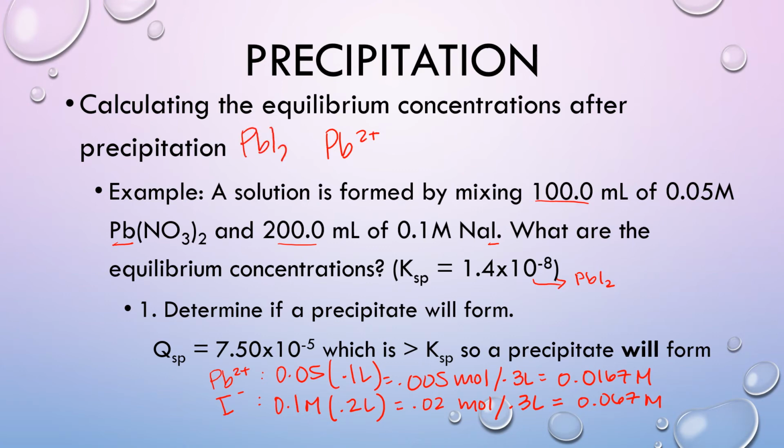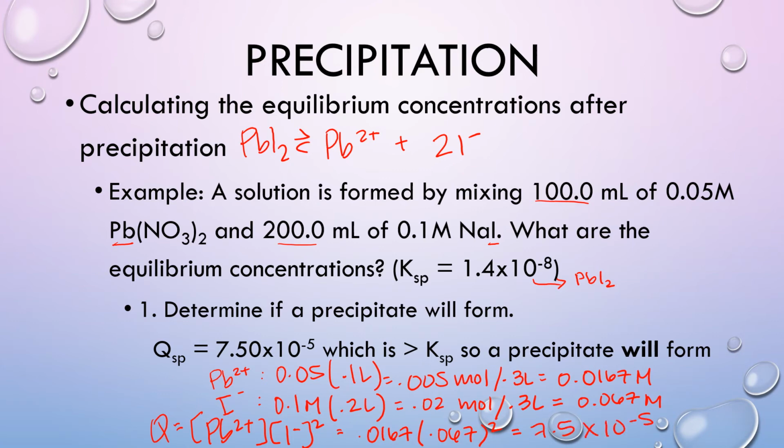Now this time I have a coefficient, so I've got to raise that iodine concentration, I've got to square it. So I plug in my values, 0.0167 times 0.067 squared gives me 7.5 times 10 to the negative 5. So now you see where I got this value. And when compared to K, it is greater, so a precipitate is going to form. So that was step 1, determining if, in fact, a precipitate is going to form.